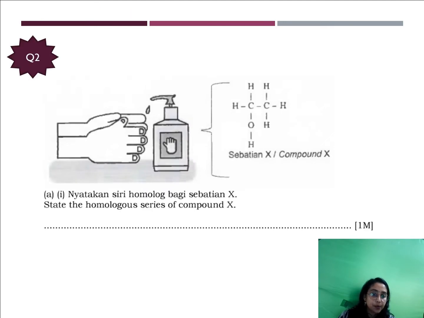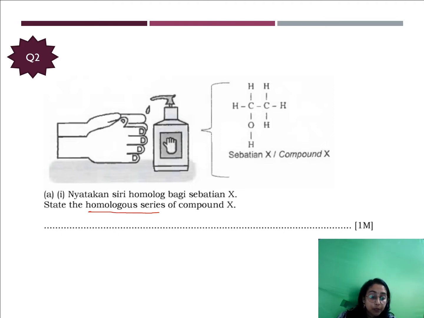Okay, now let's look at this question. State the homologous series of compound X. Okay, students, again I'm telling you, the moment you see the words homologous series, your answer must be the name of the family. Name of the family means either alkane, alkene, alkyne, alcohol, carboxylic acid or ester.